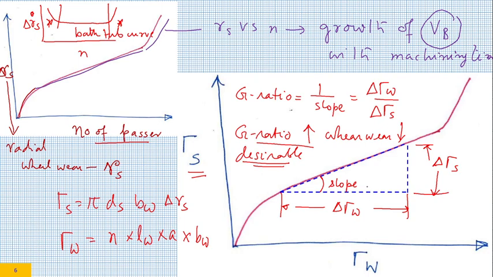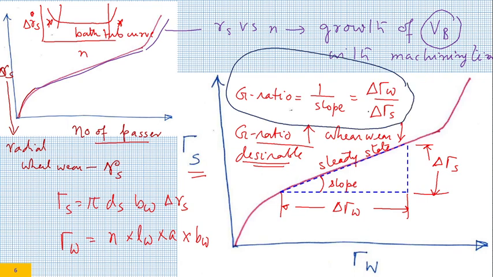This grinding ratio is being measured in the steady state. So this is called local grinding ratio or steady state grinding ratio. So here this delta gamma W and delta gamma S has been taken.